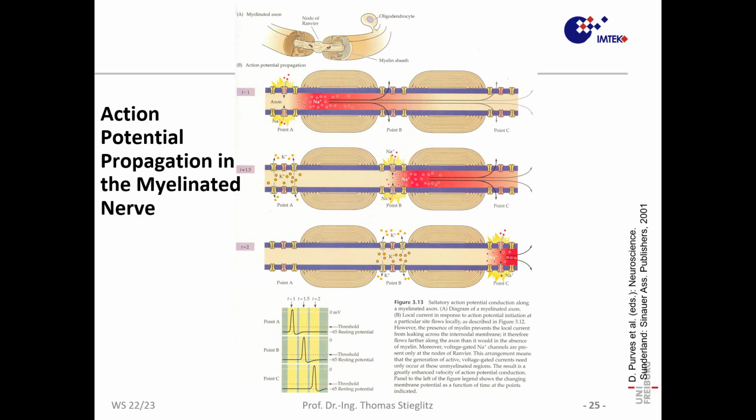And as we'll see later on, this is a beautiful mechanism where the distance between the nodes of Ranvier is perfectly matched to the thickness of the nerve fiber, and thereby to the attenuation that we have. That means a thicker nerve fiber having a smaller longitudinal resistance would have a smaller voltage drop per unit length. And therefore it could travel longer to get to the threshold.